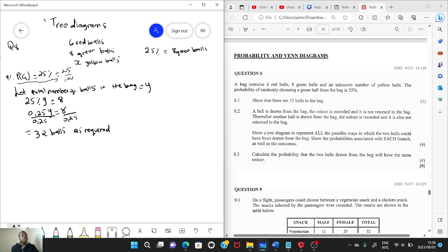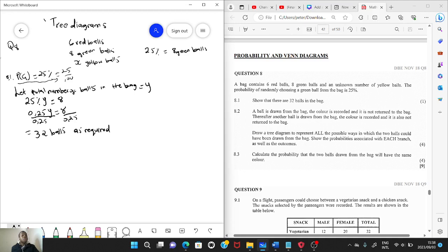We know that red balls plus green balls plus yellow balls, all of them are equivalent to 32. In this case, my y represents the yellow balls, not the same y as before, right? So how many red balls do I have? I have six red balls.